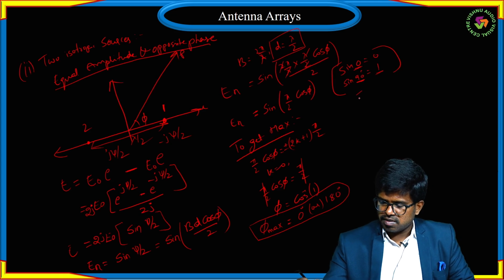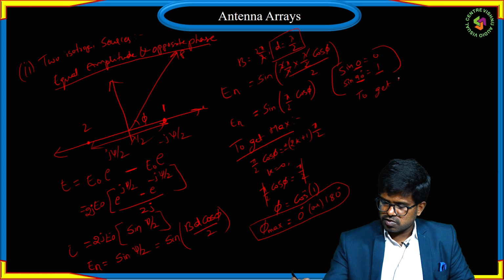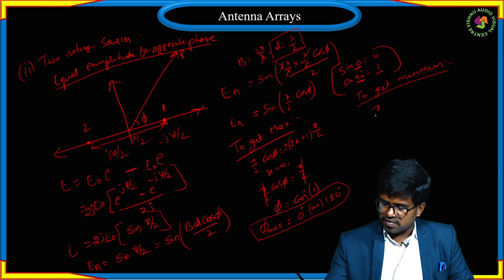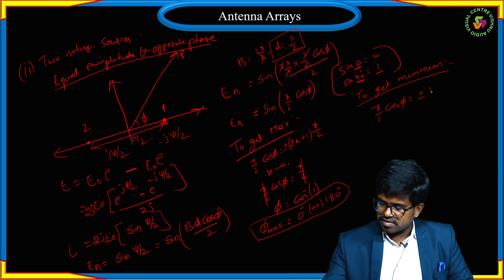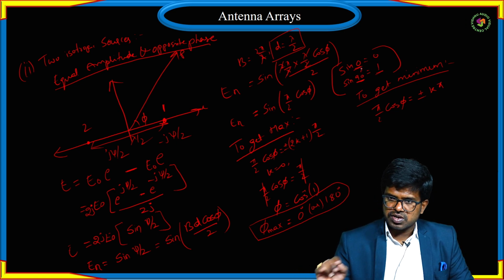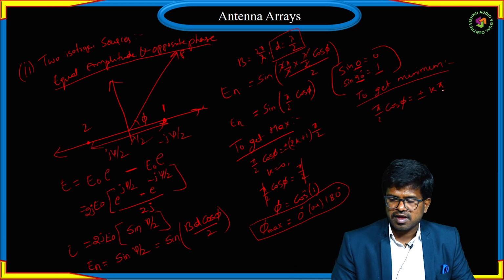And to get minima, that bracket value pi by 2 cos pi is equal to plus or minus k pi, because in case of sine you will get the minimum value for 0. 0 means you will take plus or minus k pi.